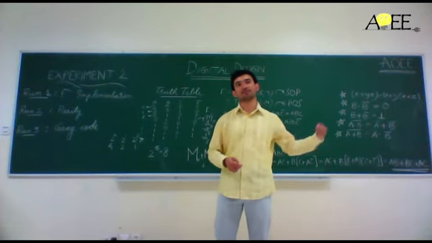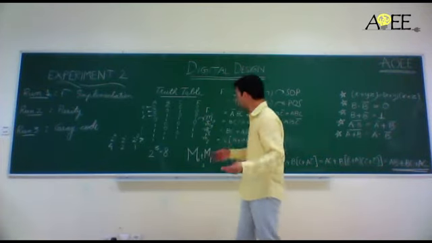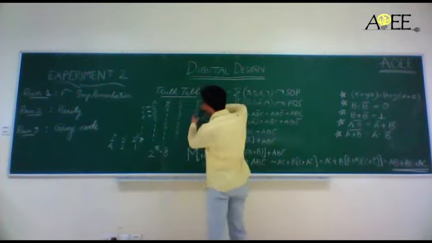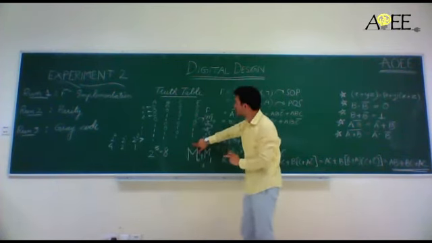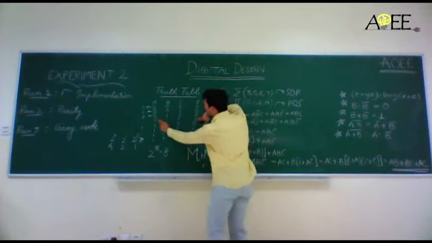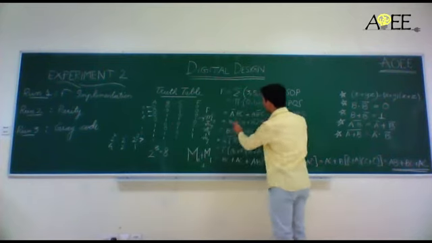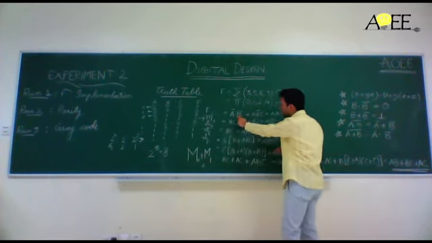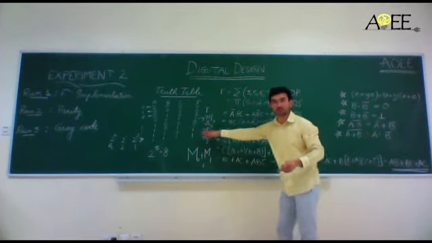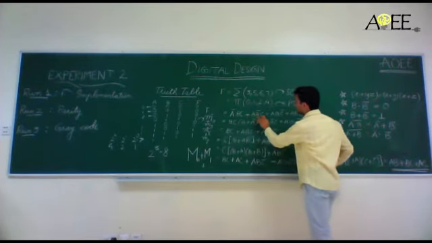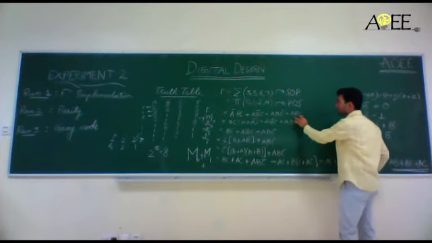So a 0 will stand for a bar, and a 1 will stand for the same. For SOP form I just need to see the ones. So 0, 1, 1 means A bar, B, C. So A bar, B, C is my first term. And similarly, the other terms are taken by adding all the other terms which are 1. So A bar, B, C plus A, B bar, C plus A, B, C bar plus A, B, C.